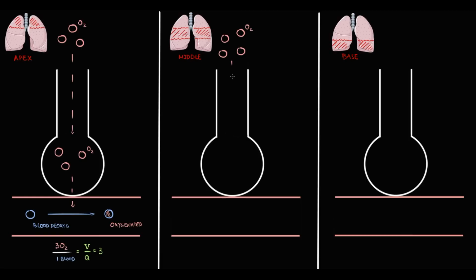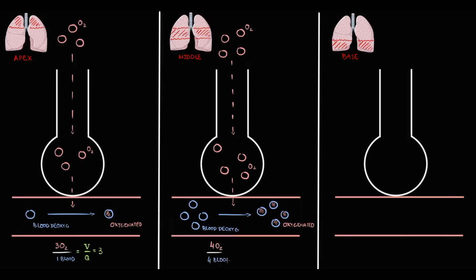The difference is that in this case, there are 4 oxygen units that reach the alveoli, and blood perfusion in the middle of the lungs provides 4 units of deoxygenated blood. 4 oxygen units are picked up by 4 units of blood, and by this we have 4 units of oxygenated blood that is ready to deliver oxygen to the tissues. So in this case, because we have 4 oxygen units for 4 units of blood, the VQ ratio is 1, which is the ideal scenario.